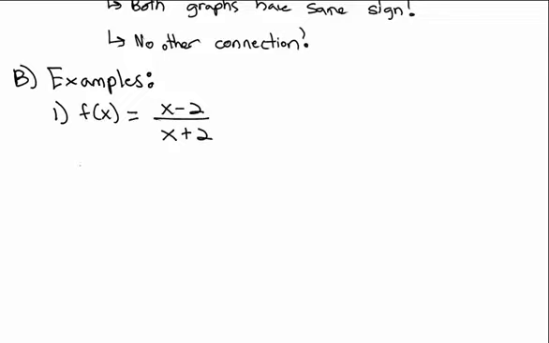First, we're going to find the x-intercepts. To find the x-intercepts, we make the numerator equal to 0. x minus 2 equals 0. And if we add 2 to both sides, we get x equals 2. There is the x-intercept.